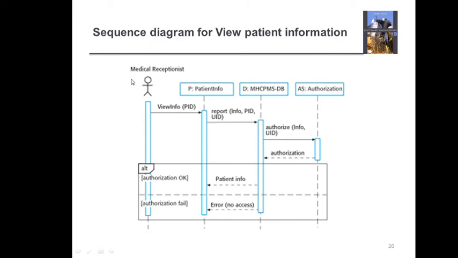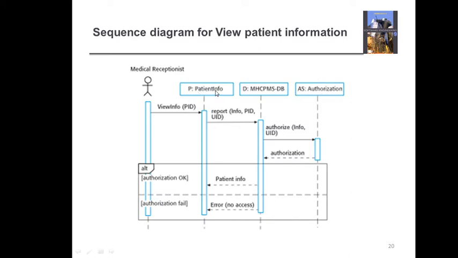First of all, let's see what the notations used here are. We will be making an actor and naming it medical receptionist according to the question. Then we will be identifying the classes. As many classes as are involved, we'll make them in rectangles.